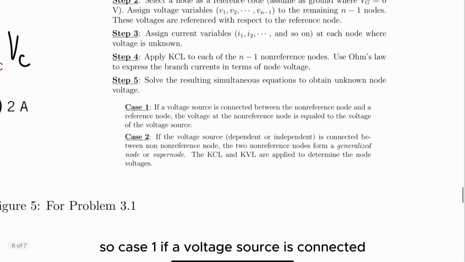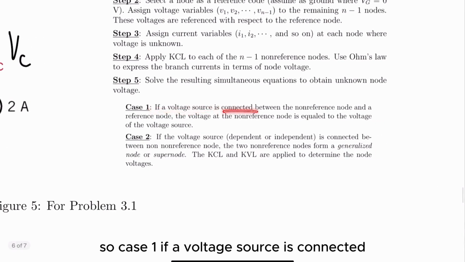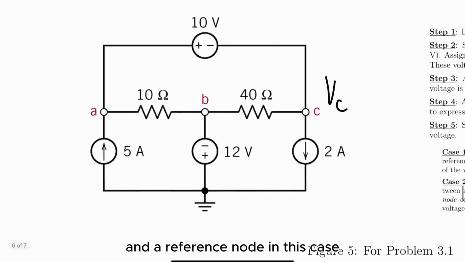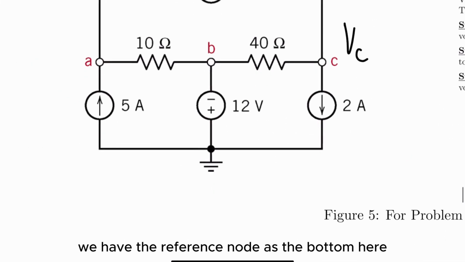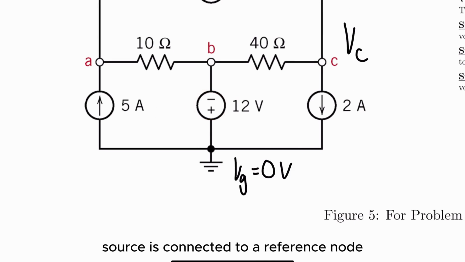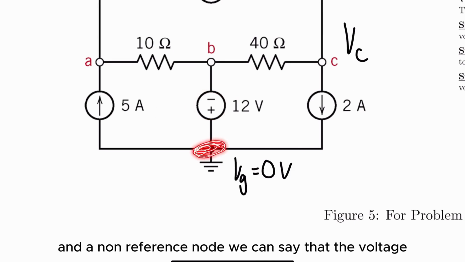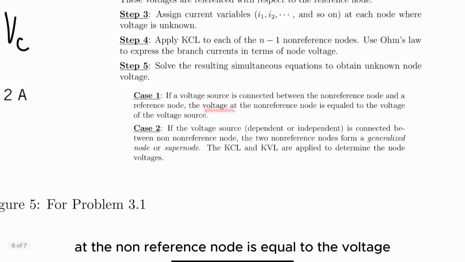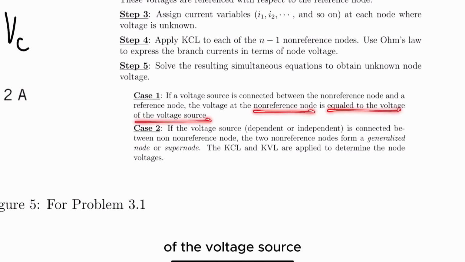So case 1, if a voltage source is connected between a non-reference node and a reference node, in this case, we have the reference node as the bottom here, VG equals 0 volts. Since this voltage source is connected to a reference node and a non-reference node, we can say that the voltage at the non-reference node is equal to the voltage of the voltage source.